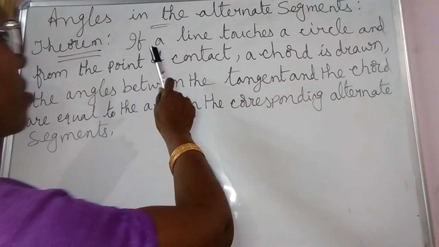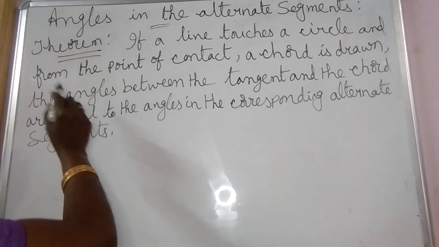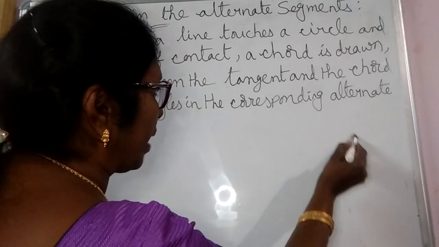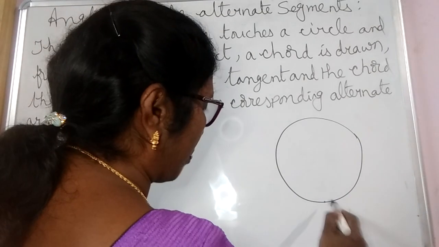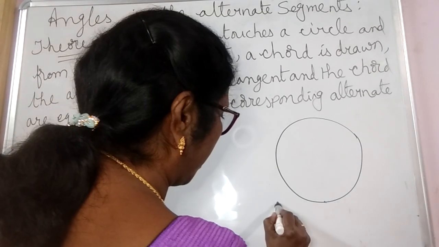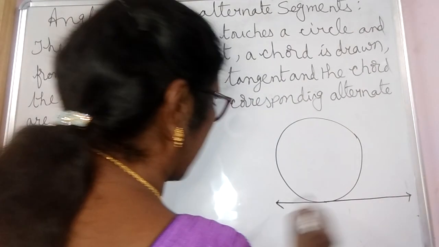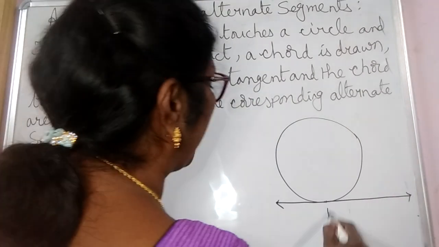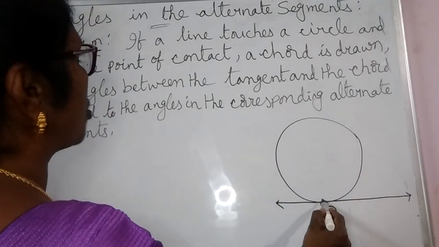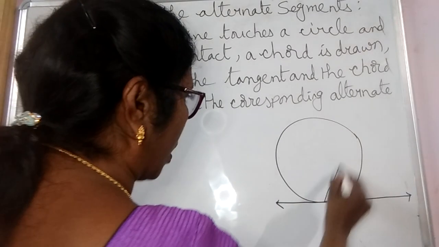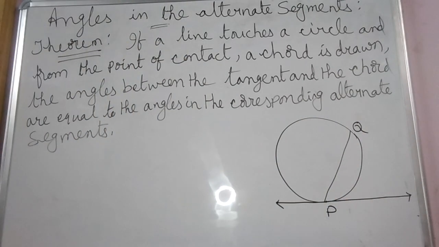The theorem is, if a line touches a circle, let me take this point, let me name it as P, and from the point of contact, a chord is drawn, let me name it as Q, PQ is the chord.